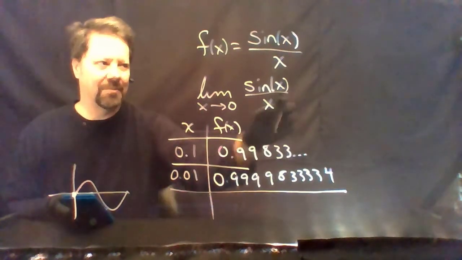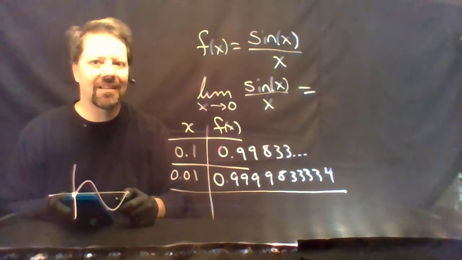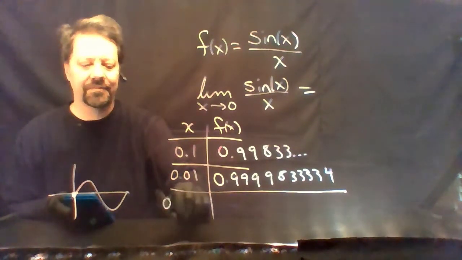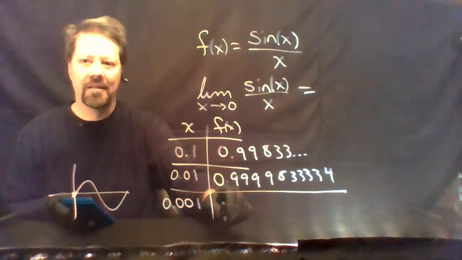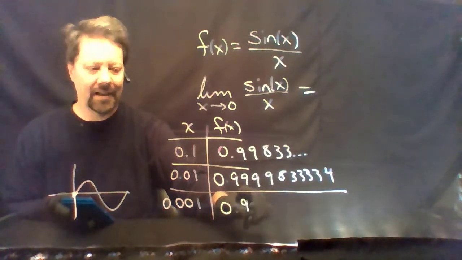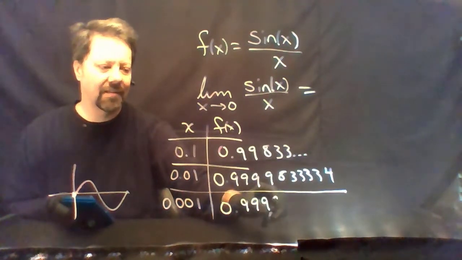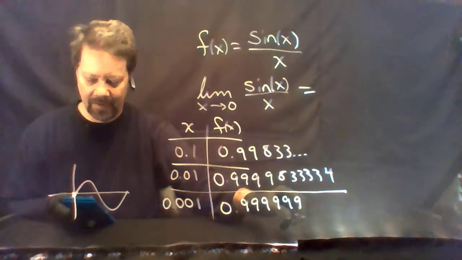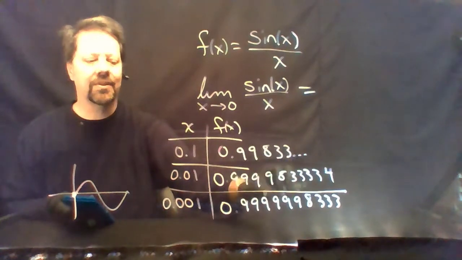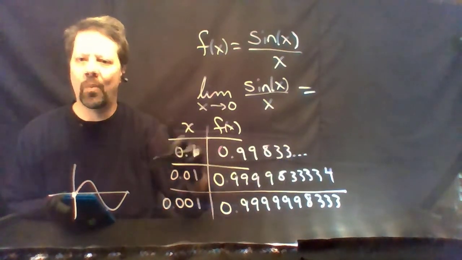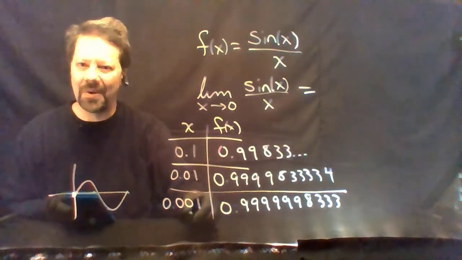What should the limit value be? Well, just to be sure, let's try something even closer. My calculator gives me 0.99, let's see, 1, 2, 3, 4, 5, 6 nines, an 8, and then a bunch of 3s. We're getting closer and closer to 1 as the x value gets closer and closer to 0.